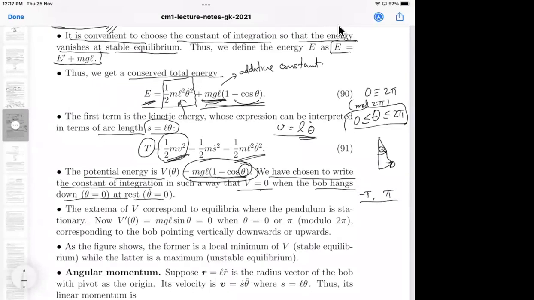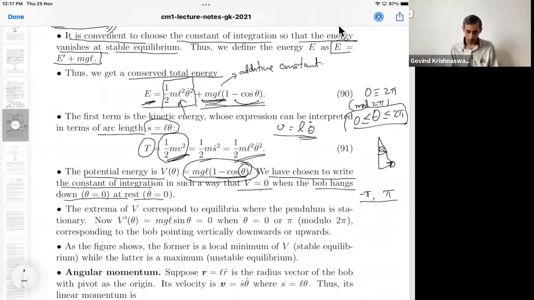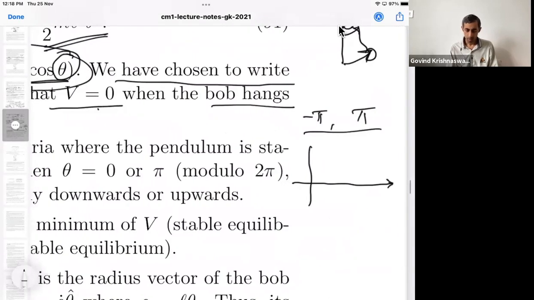So now, I said I was going to plot the potential. Let us do that. Here in this graph, this is theta. Theta is the 1 degree of freedom. It's a coordinate defining the 1 degree of freedom. I want to plot V of theta.